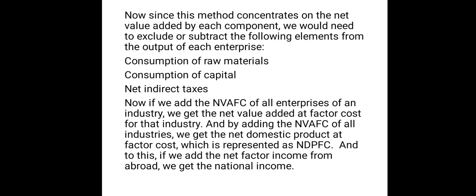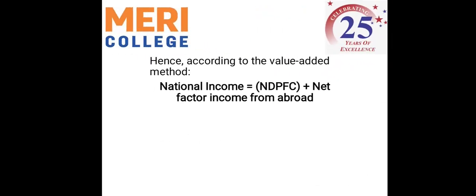By adding the NVAFC of all industries, we get the net domestic product at factor cost, and it is represented as NDPFC. And to this, if we add the net factor income from abroad, we get our national income. Hence, according to value added method, national income is equal to NDP at FC plus net factor income from abroad.